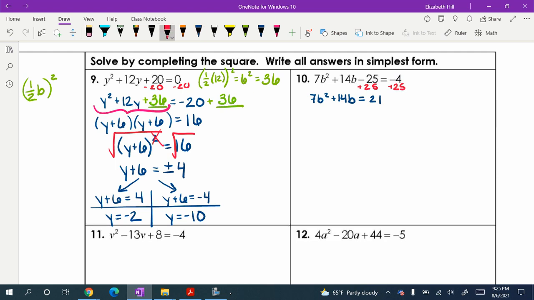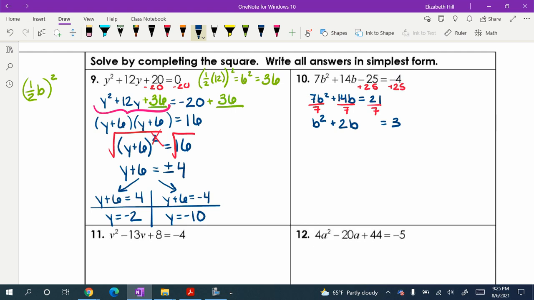And I now have to divide everything by 7. Okay, every single term has to be divided by 7. Now this is a nice one for us to work with. We get b squared plus 2b equals 3. Yeah, 7 times 3.